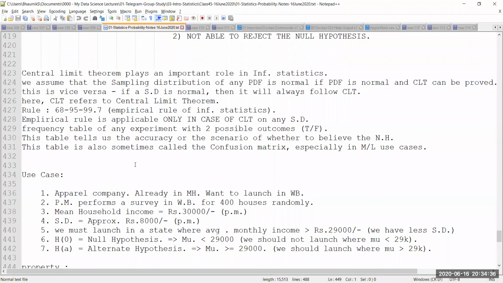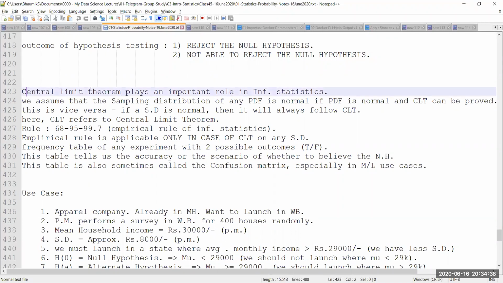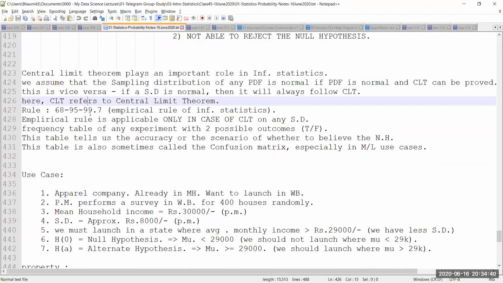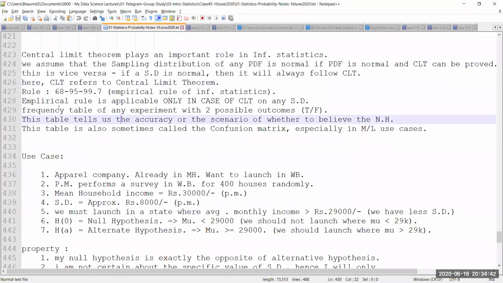We have started taking a use case, but before that, we looked into the central limit theorem again. We looked into the empirical rule. We looked into the frequency table of how an experiment is going to be conducted. And then we looked into a concept like the confusion matrix, where we have seen the type 1 and the type 2 errors, right?